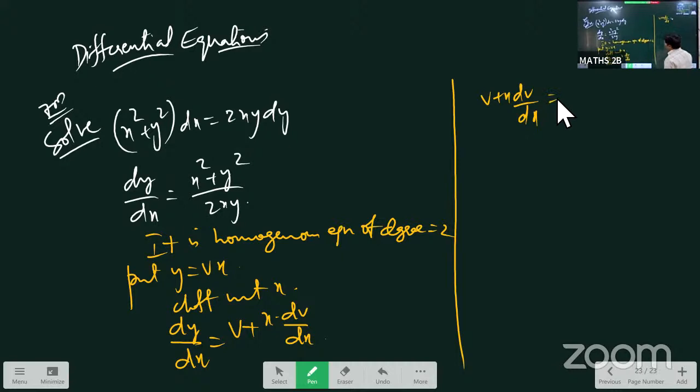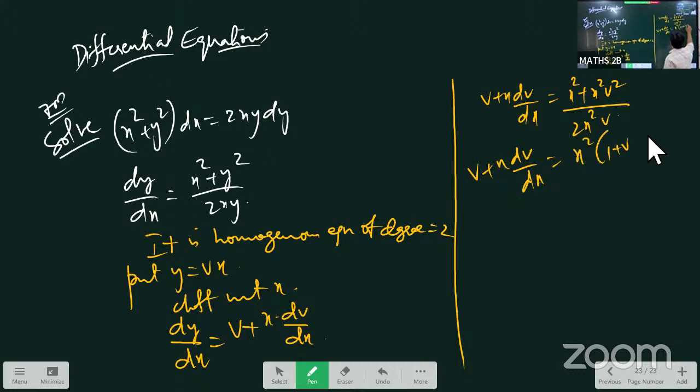That is equal to x square as it is. y square means x square v square, because y is vx, no? So the denominator is also 2x square v. What I get is v plus x dv by dx is equal to x square common, 1 plus v square, by 2x square v.